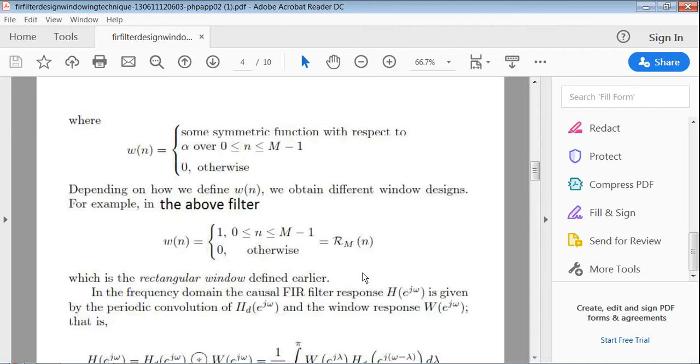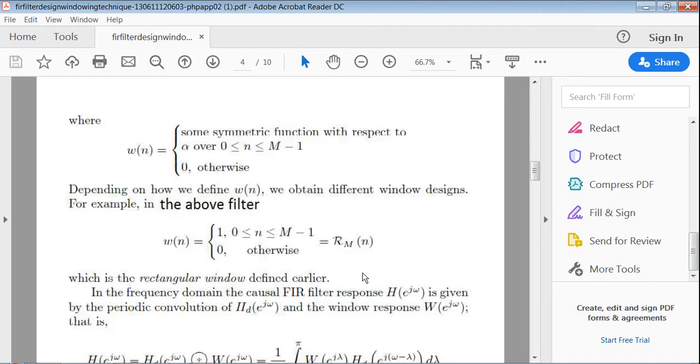See, w of n is a window function, some symmetric function with respect to α over 0 to M minus 1, otherwise 0. Depending on how we define the window w of n, we obtain different window designs.